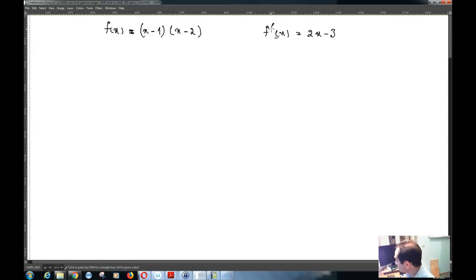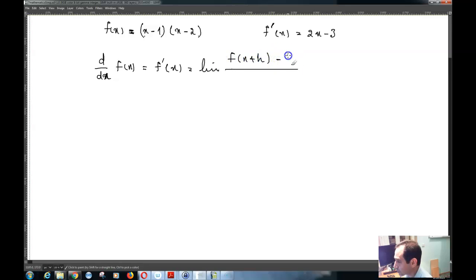Now, since we want to use the first principle, we said that d by dx of f of x is equal to f prime of x, which is equal to the limit of f of x plus h minus f of x over h as h tends to 0.